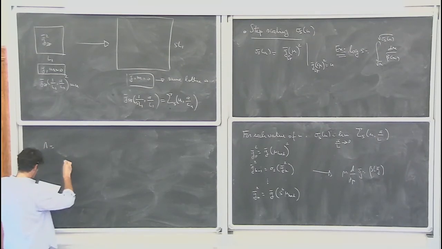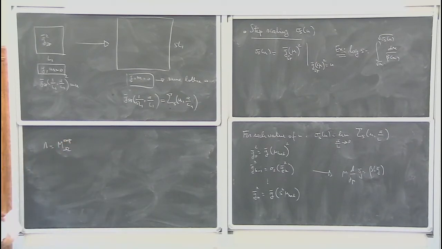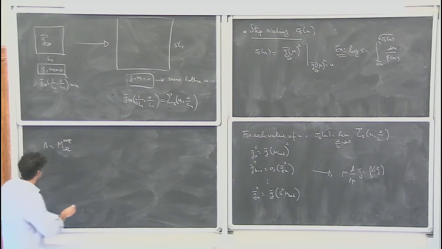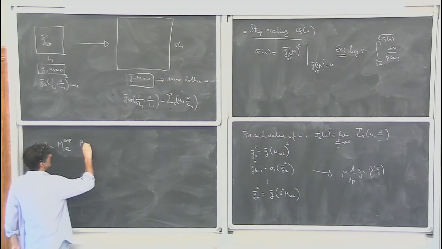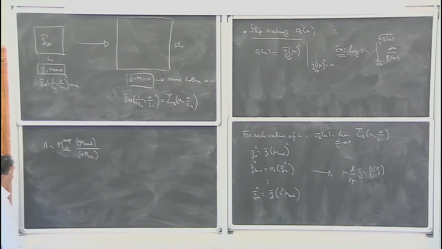So the way to do that is that we're going to rewrite the lambda parameter in the following form. We're going to take some baryon mass, the experimental value. Okay? We're going to say that the lambda parameter is the experimental mass multiplied by A mu hadronic divided by A m omega.